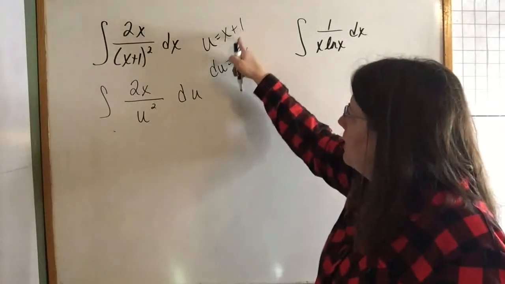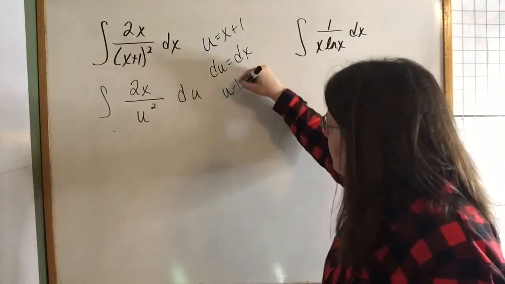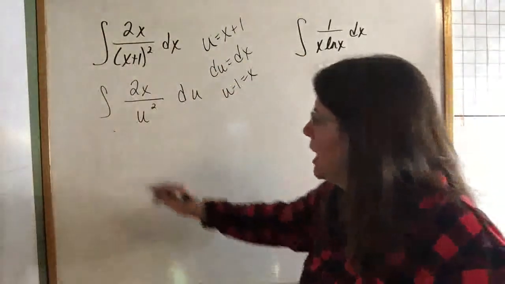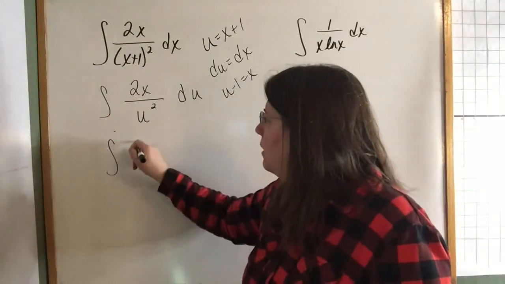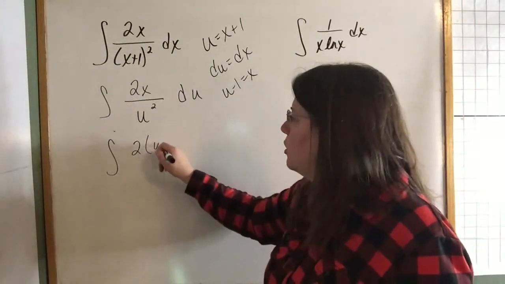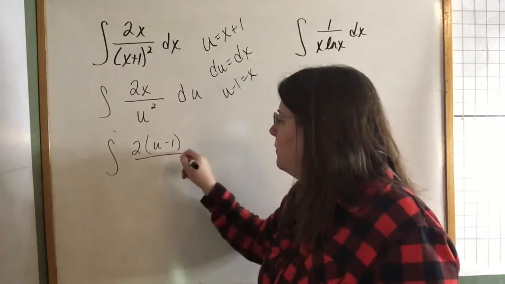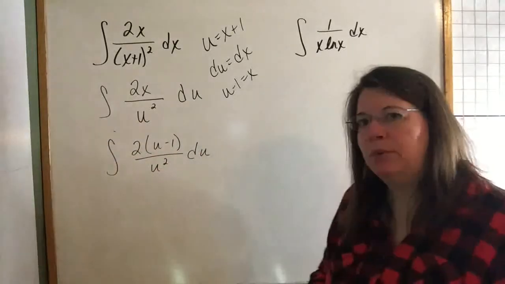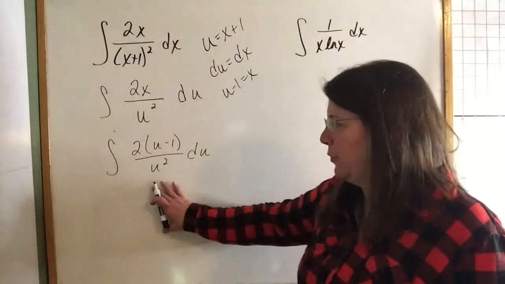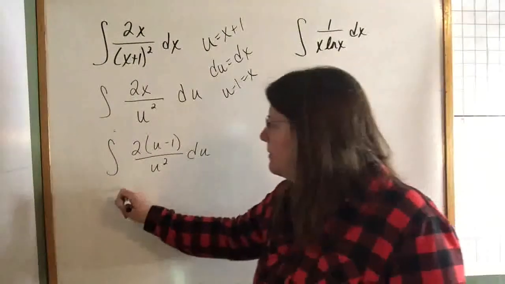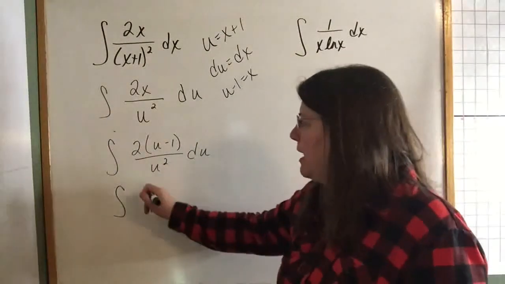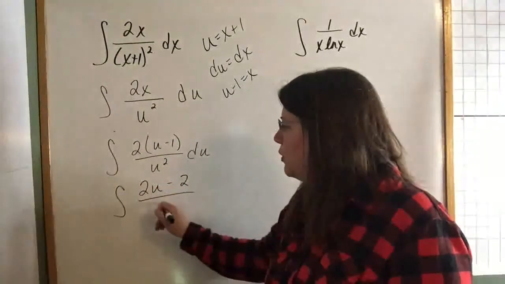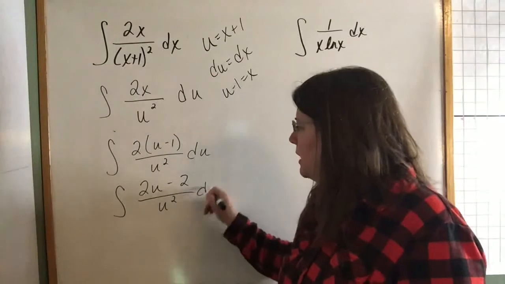If we move that 1 over, isn't u minus 1 equal to x? So I'm going to put that on top. That's 2 times u minus 1 over u squared du. And then if I distribute, I've got 2u minus 2 over u squared du.